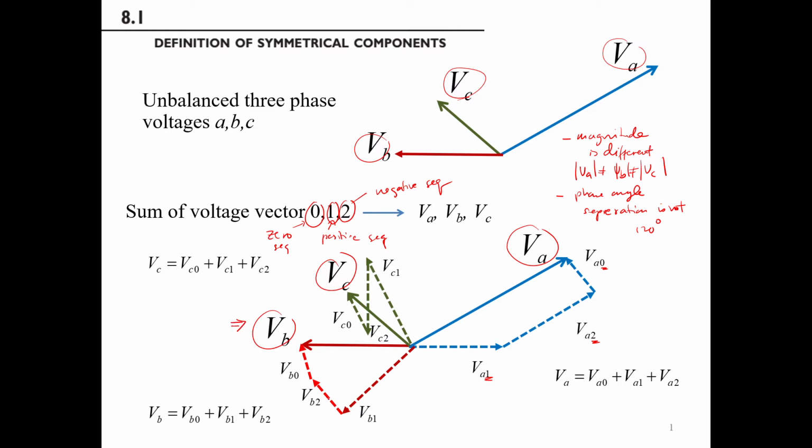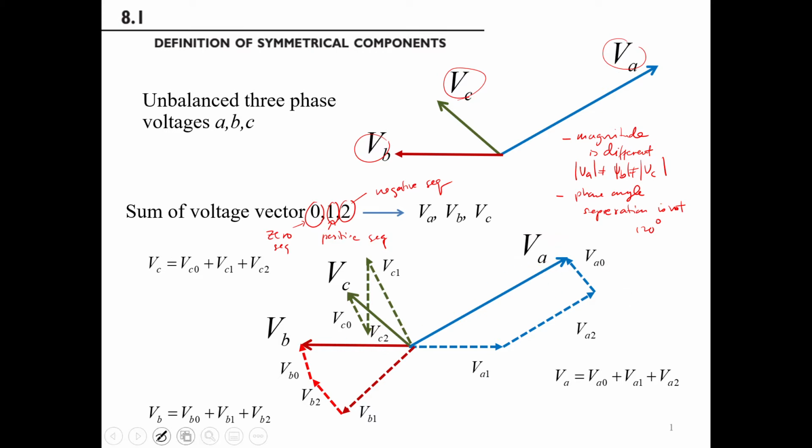You can also express this in terms of positive, negative, and zero sequence, the sum of these three components. Similarly for VC, you could express this in terms of V1 positive, V2 negative, and V0 zero sequence. So let us see the property of each of the components 1, 2, and 0.